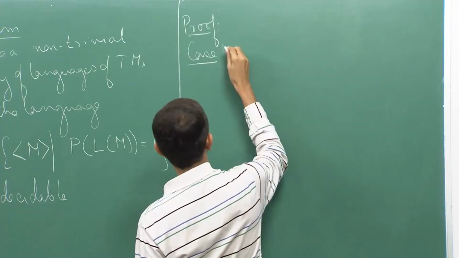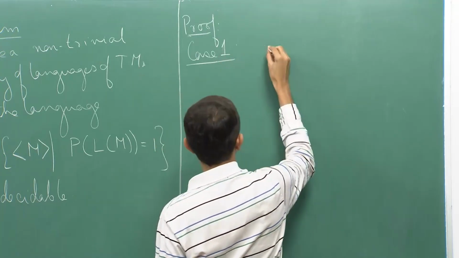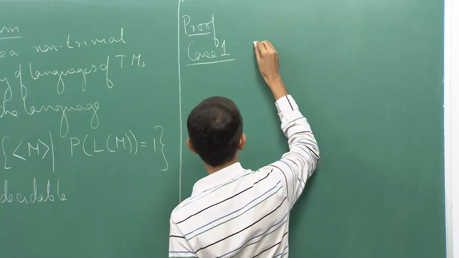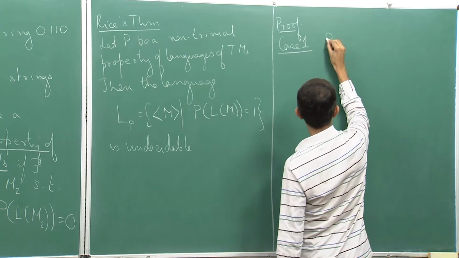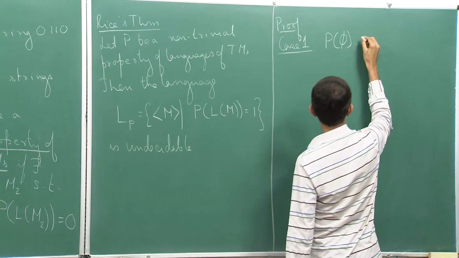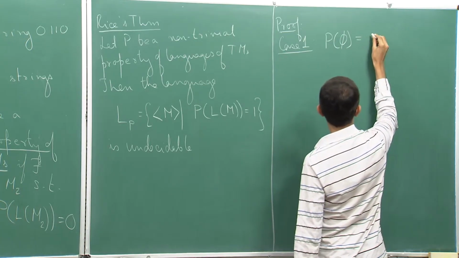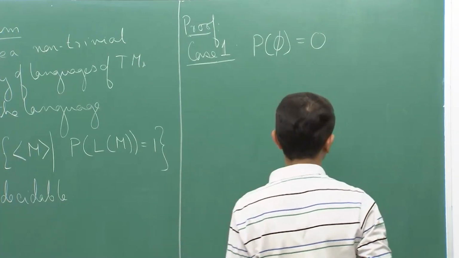Case 1: assume that we have this property P, and that P of phi is 0.